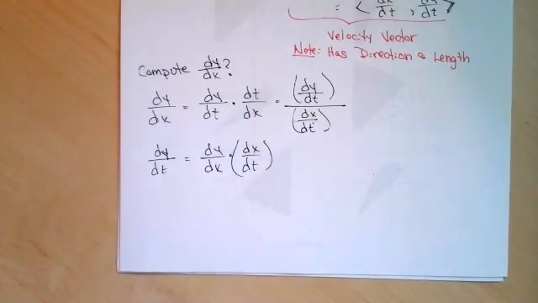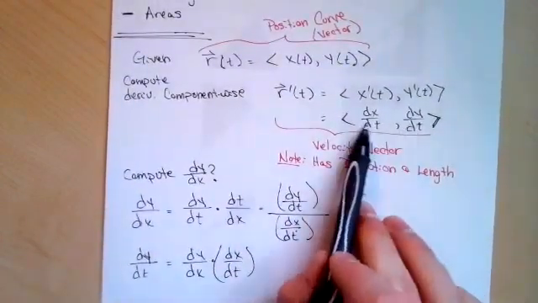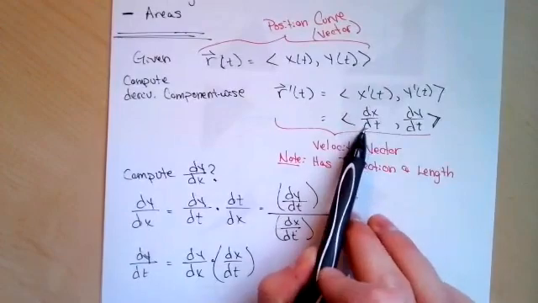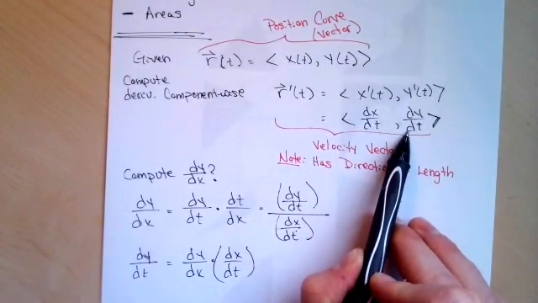So in other words, this simply tells us that if we're looking for the rate of change of y relative to the rate of change of x, well, in our parametric curves, we have a list of information. We have the rate of change of x with respect to t and the rate of change of y with respect to t.